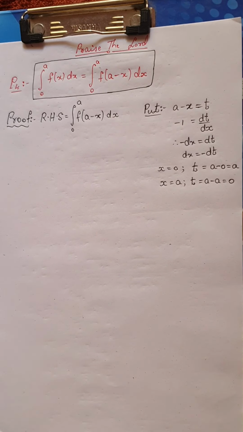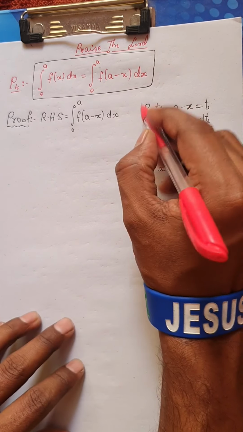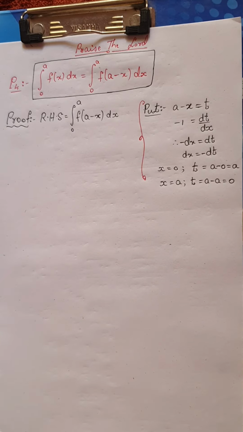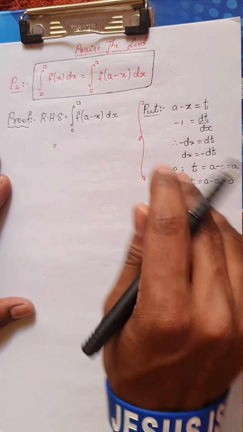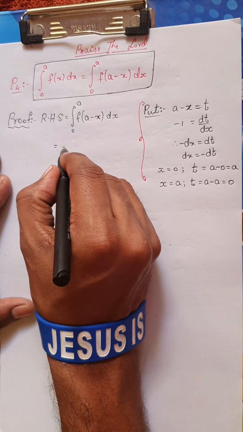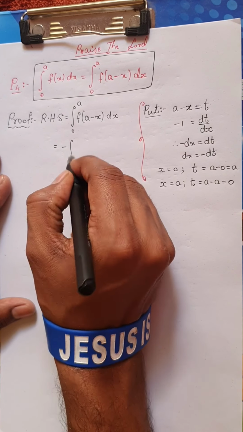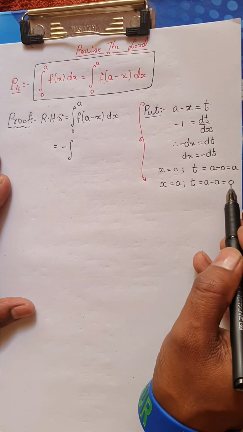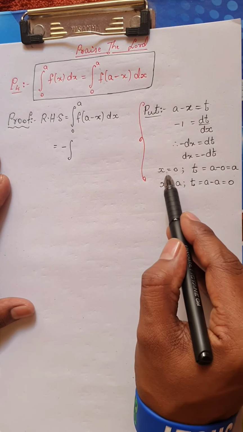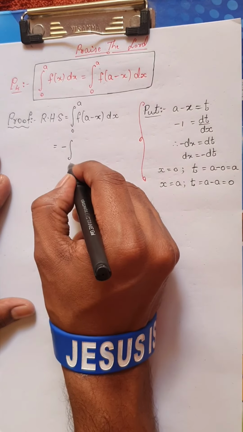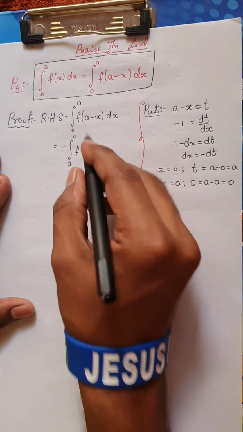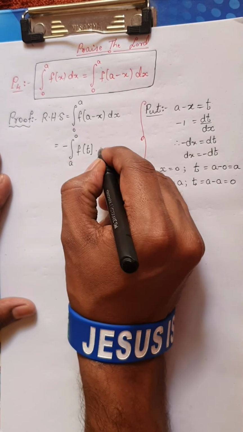Okay, now this is the substitution part. Keep it aside and we'll see what happens to the integral. Okay, so this is nothing but, as I told you, I have minus dt here. I have kept this minus outside. Integral from, now listen, integral 0 to a becomes a to 0. When x was 0, t will be a, so this would be a to 0 f of, remember a minus x is taken as t and dx would be dt.